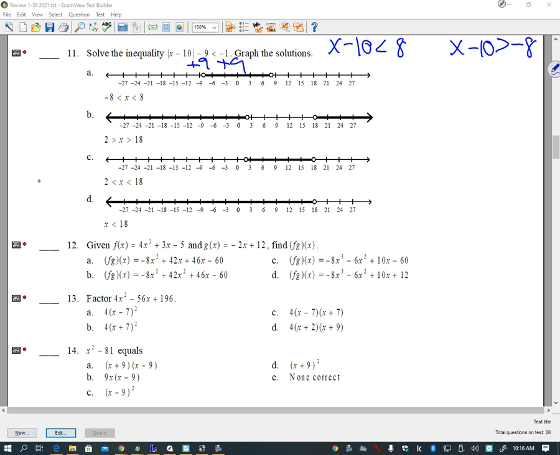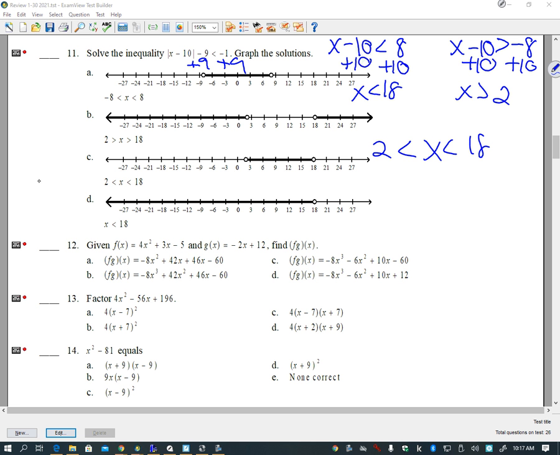Now what do I want to do over here on the left? Add 10. So x is less than 18, and x is greater than 2.